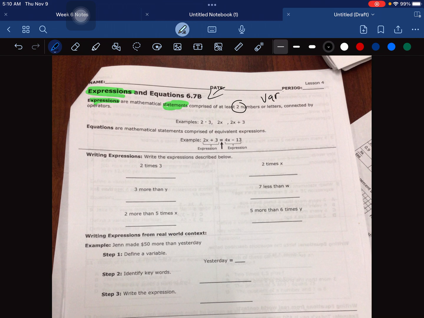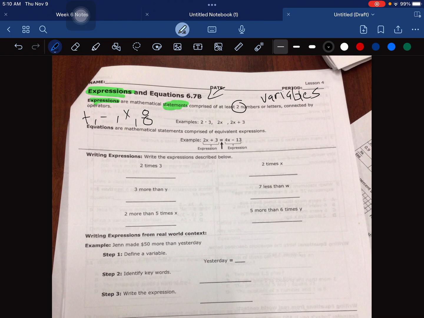Another word for letters is variables. So whenever you see a letter, it'll be called a variable. Connected by operators. Your operators are adding, subtracting, multiplying, and dividing. Now, expressions are mathematical statements that have at least two numbers or letters connected by operators.